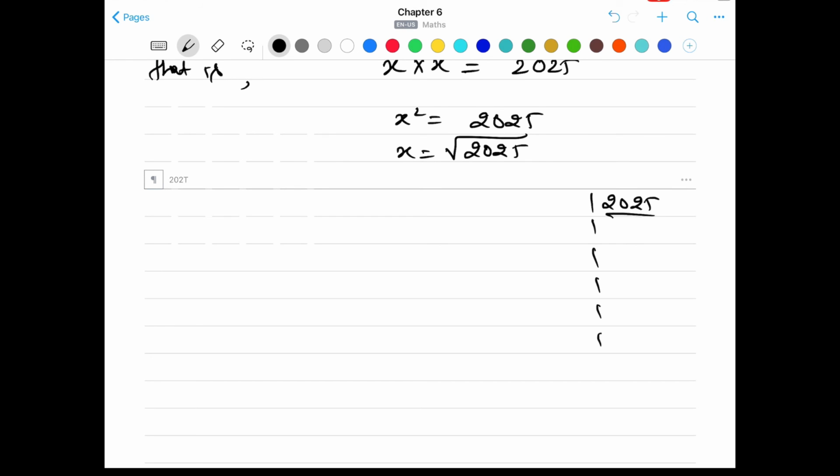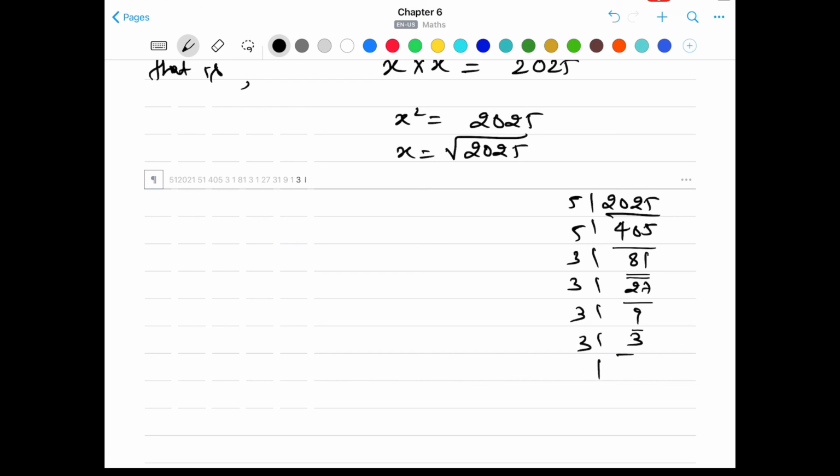Let's find the prime factors of 2025. We'll divide this first by 5, and we'll get 405. Again dividing by 5 we'll get 81. Now we'll divide this by 3, we'll get 27. Again dividing by 3, we'll get 9.